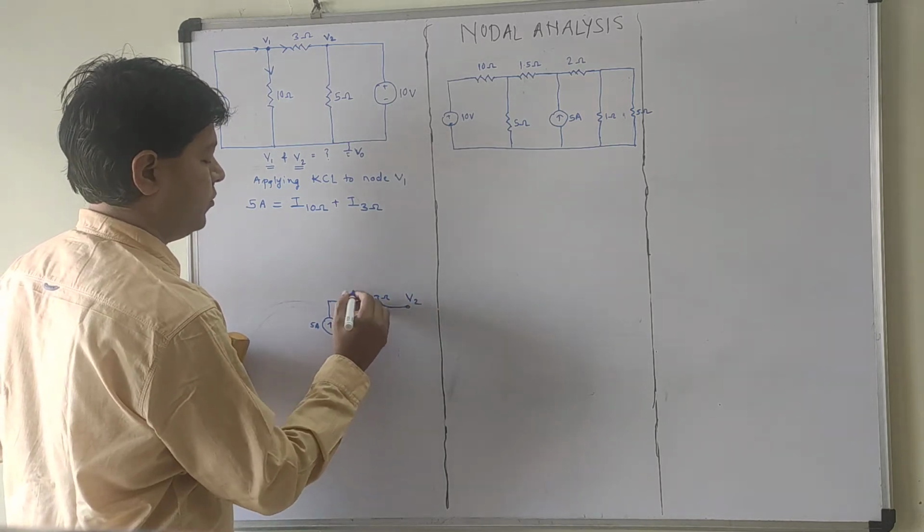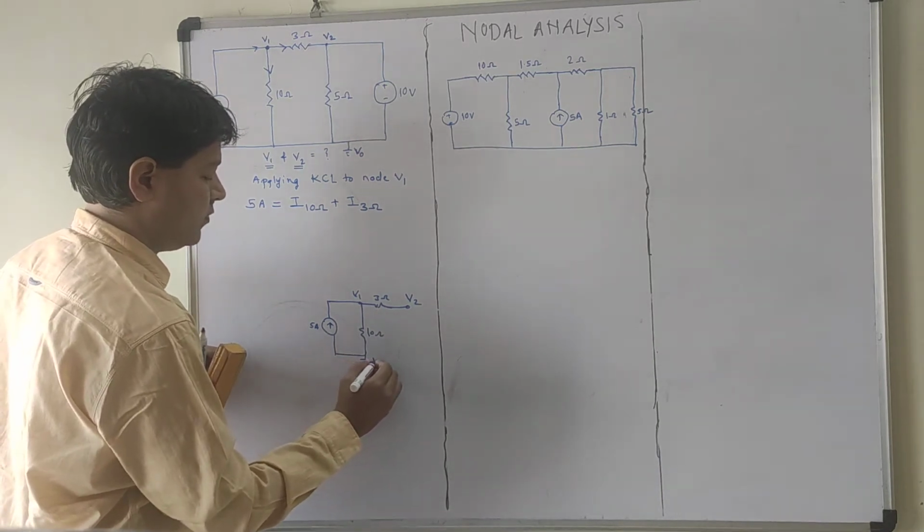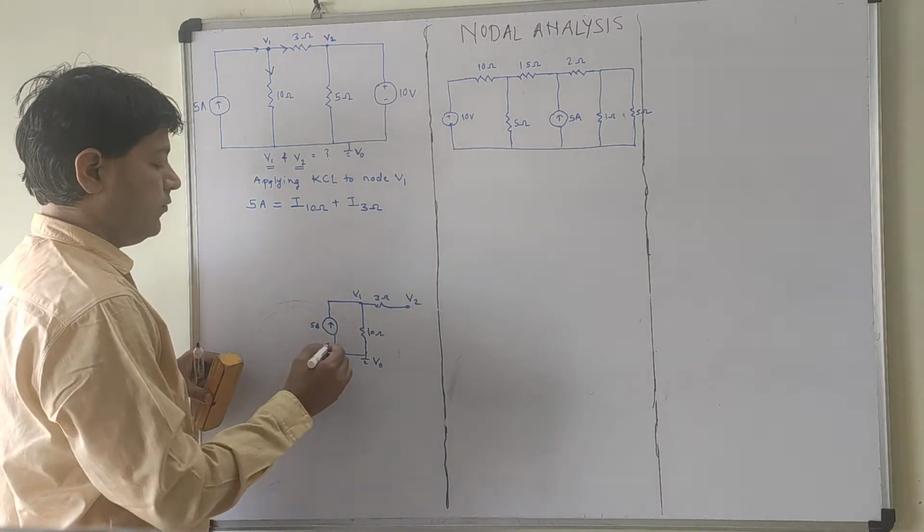Here there is node V2, here there is node V1. Now this is grounded, that is node V0. So this is the 5 ampere current.